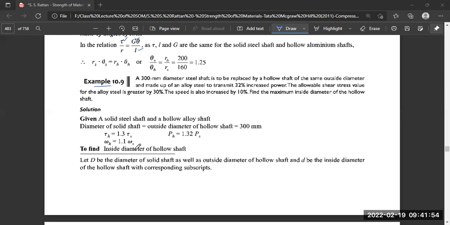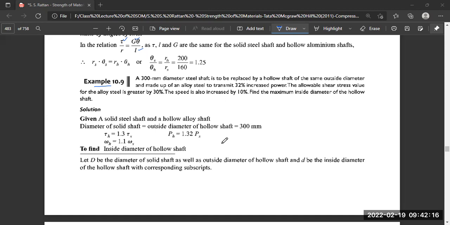And omega H is the angular speed of the hollow alloy steel shaft, which is 10% more than the RPM or angular speed of the solid steel shaft. So the relation between omega H and omega S is omega H equal to 1.1 omega S.